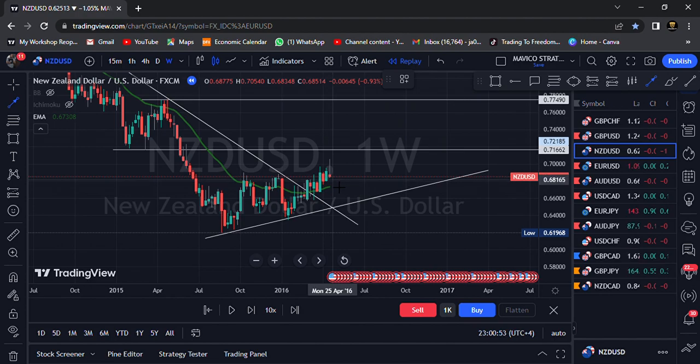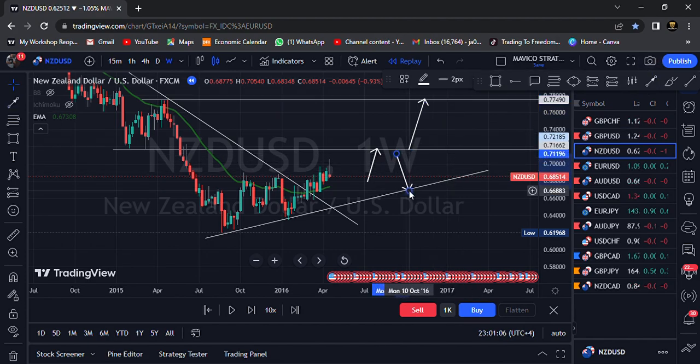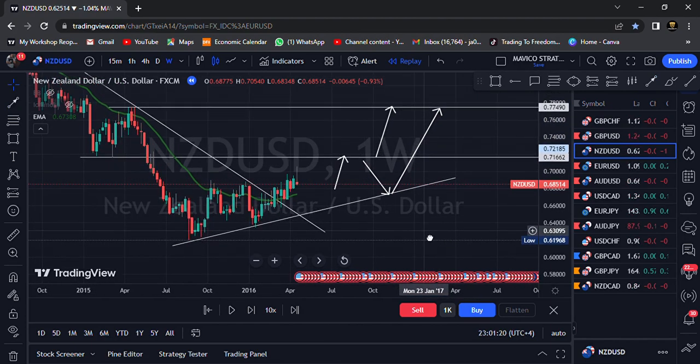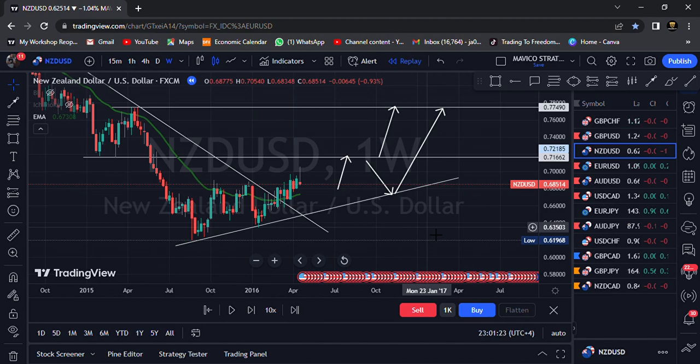Whatever is going on, the market will end up hitting here, and then maybe going up to hit here, or it will come down, hit this downtrend, and either break it or bounce back and continue to go up. So these are the possibilities. Very simple. You don't have to complicate the market, guys. The market is very simple.